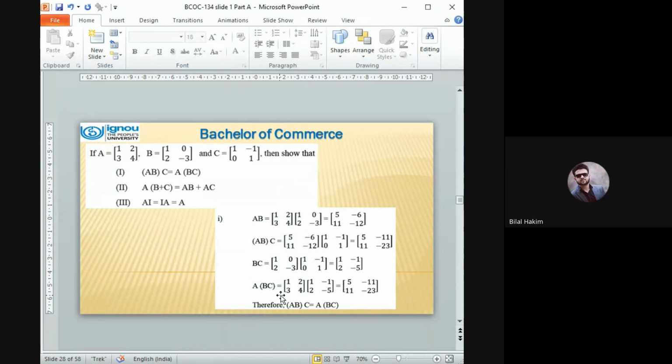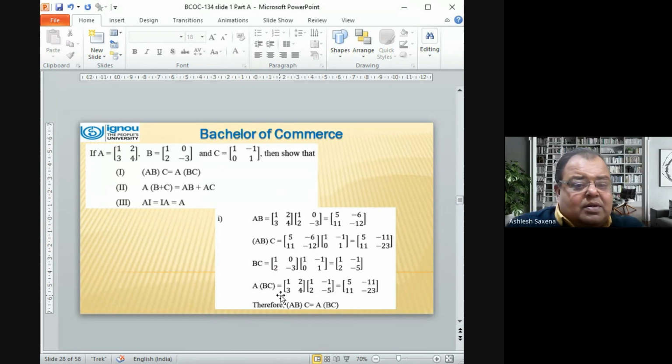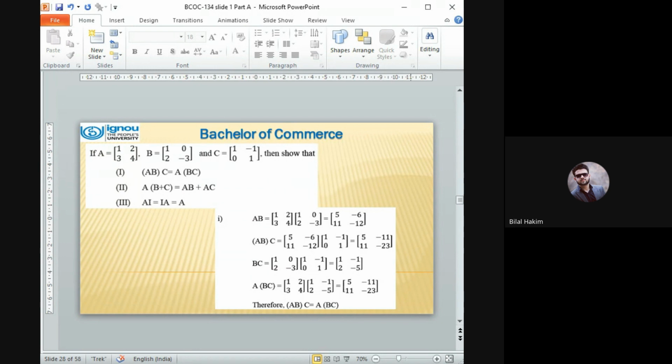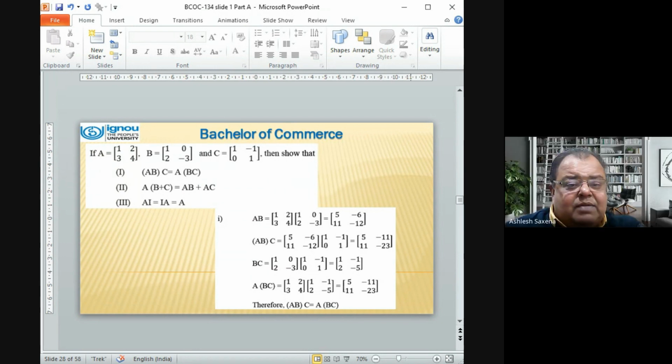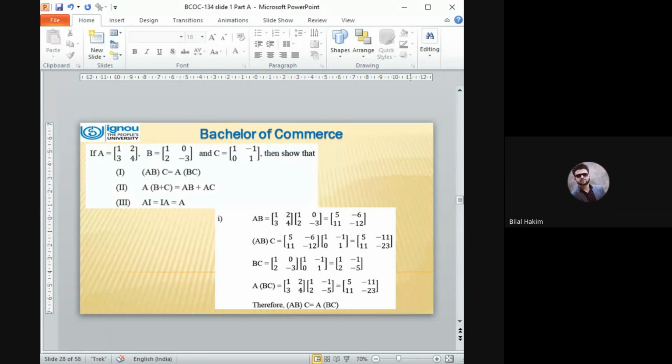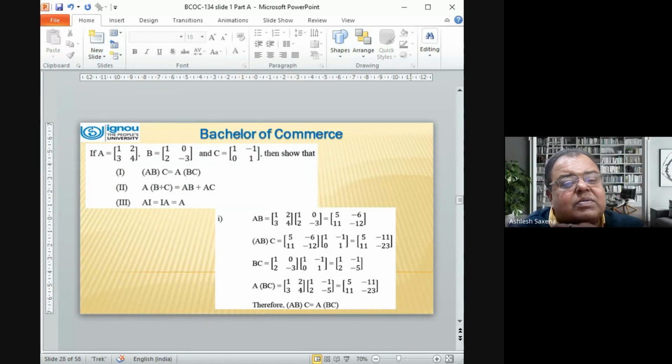In matrix A, we have 1, and in B, 1, 0. 1 will be multiplied by what? The matrix of B, 1, 0. Then repeat it again. From where are you getting 1, 0?